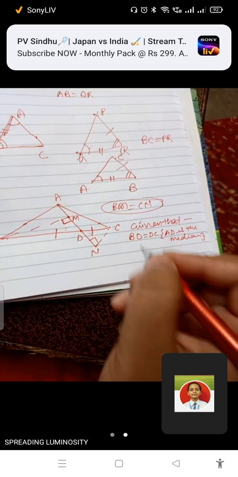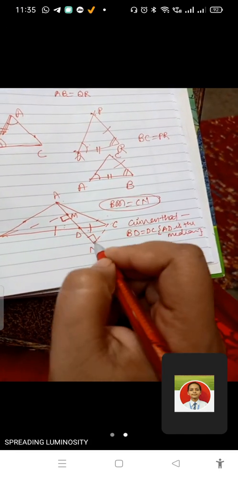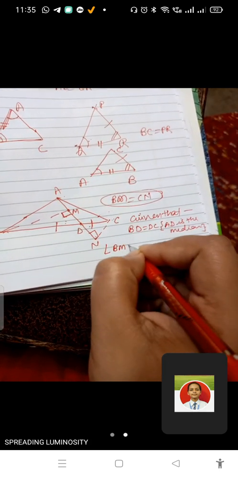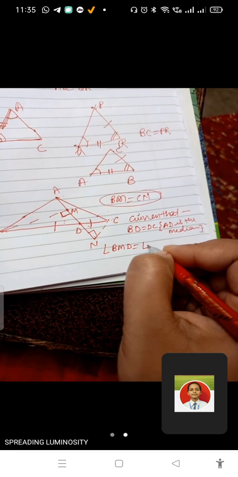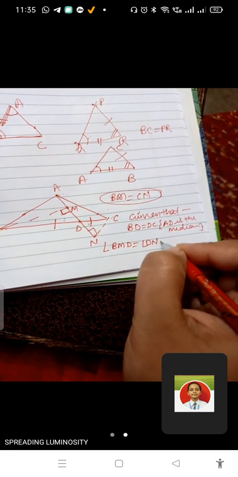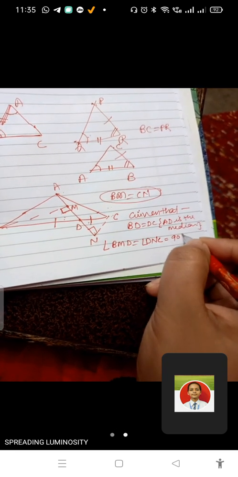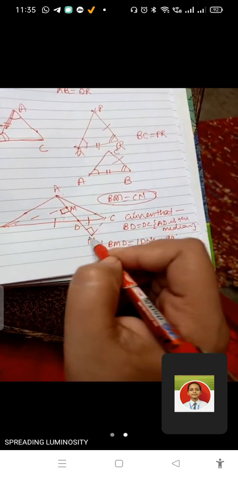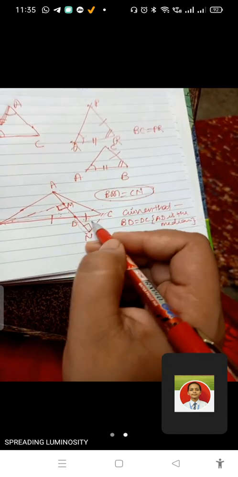The second given value is 90 degree angle. Angle BMD is equal to angle DNC, 90 degrees. It is given. These two things are given in the question. You have to prove BM is equal to CN. For BM and CN, we have two triangles. This is the first triangle. This is the second triangle. We have to prove these two triangles congruent.